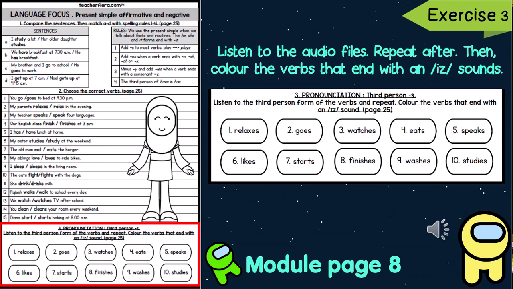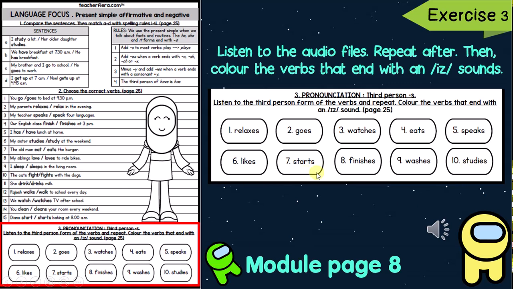Speaks. 6. Likes. 7. Starts. 8. Finishes. 9. Washes. 10. Studies.